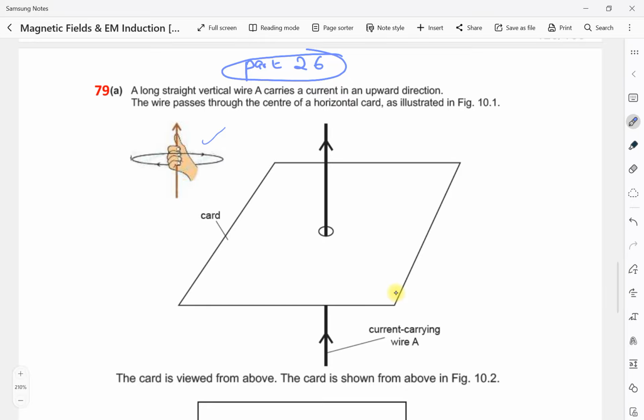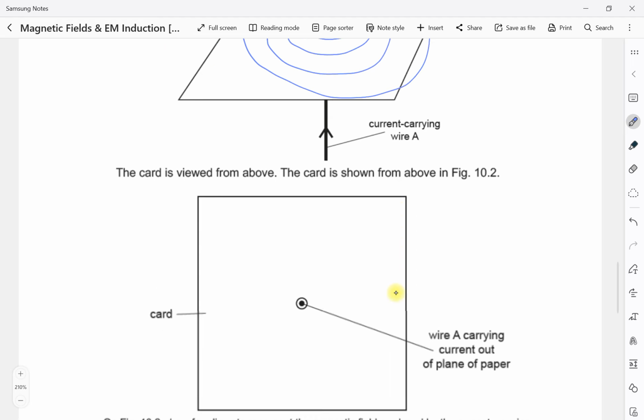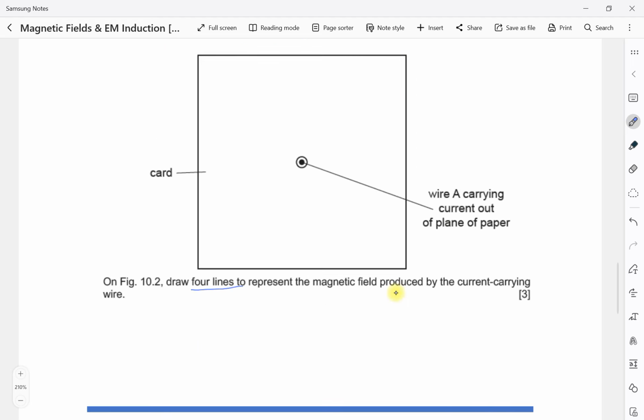So we know that the magnetic field pattern around a current-carrying wire is actually concentric circles. They're concentric circles, but their separation increases as you move away from the wire because the field strength weakens as you move away from the wire. And the strength of the field is represented by how close the field lines are to each other.